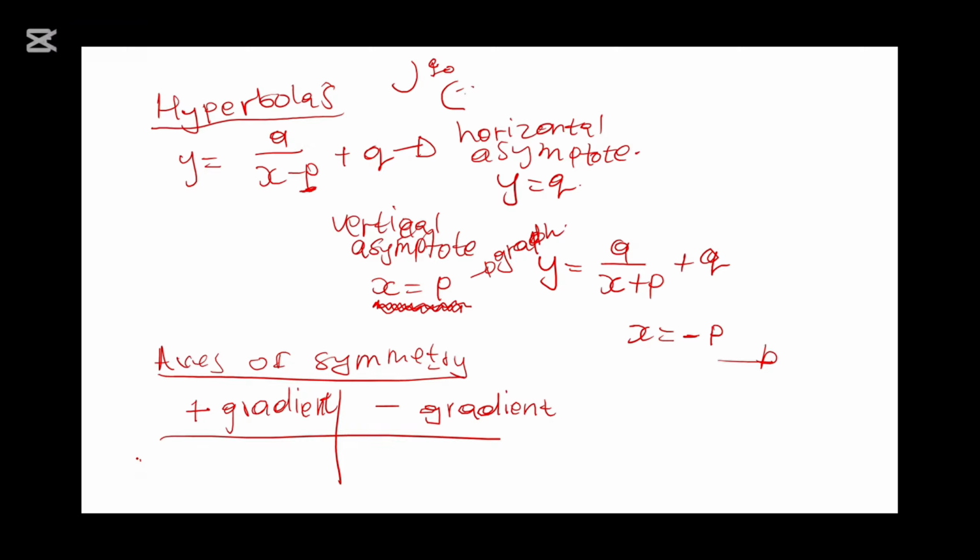For the positive gradient, your y will equal x minus p plus q. Then for the negative gradient, y is equal to negative x minus p plus q. Right, let me show you.